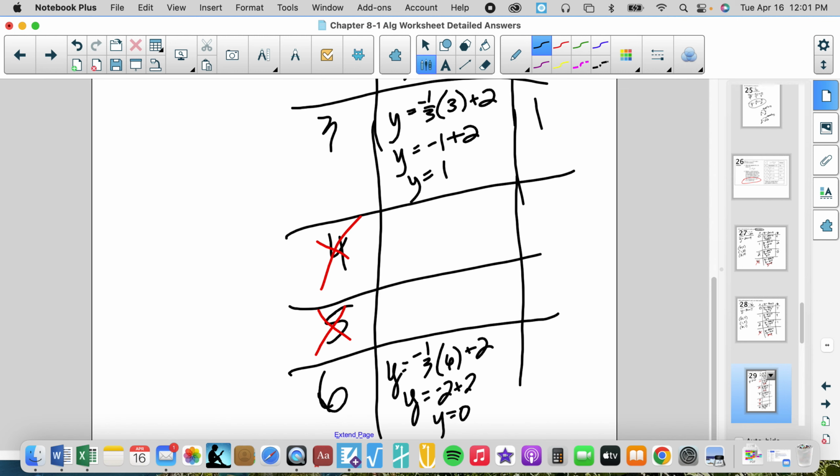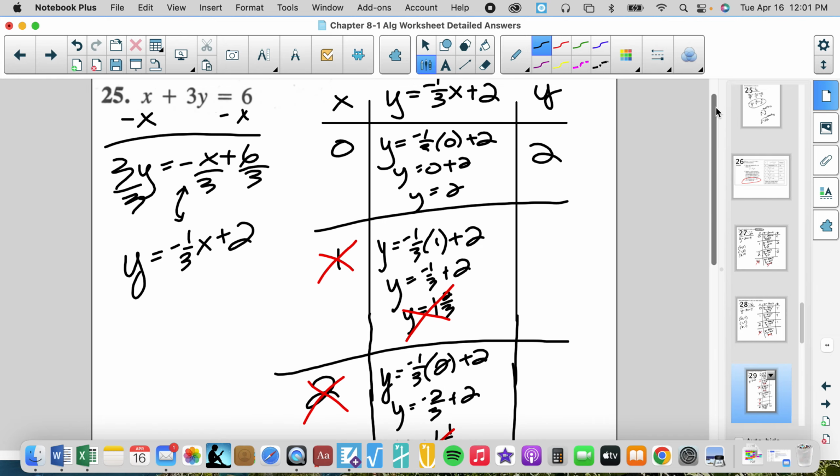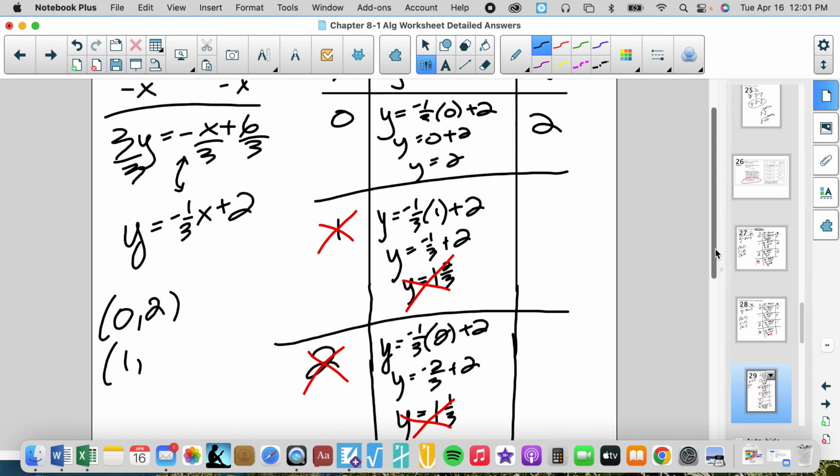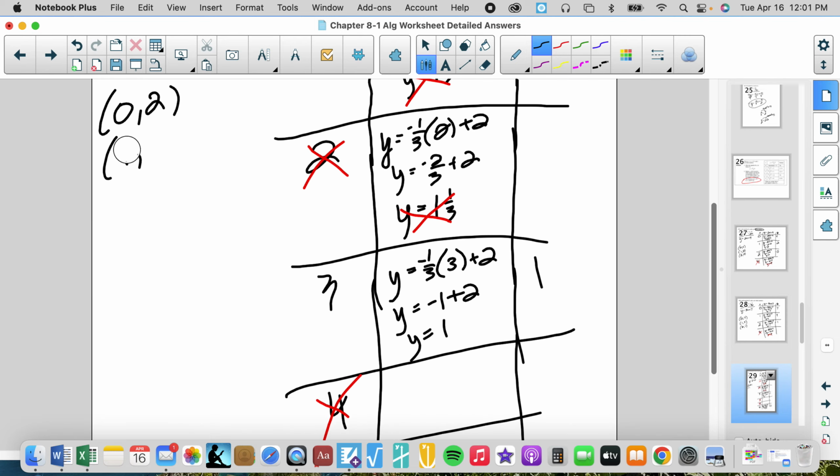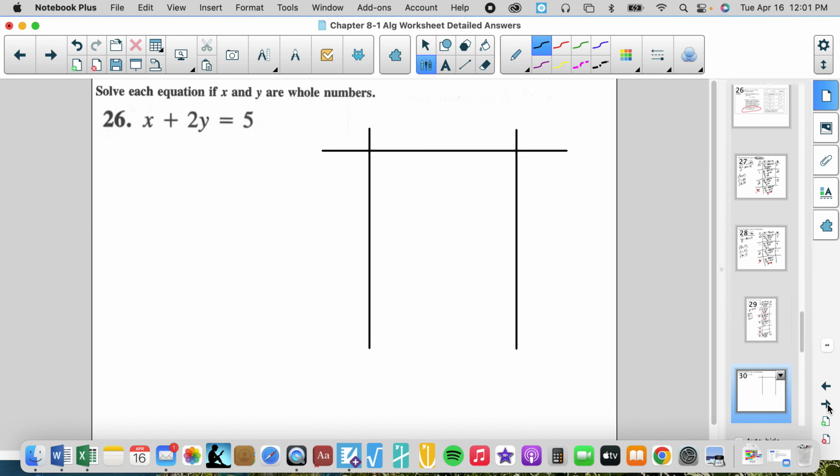Y equals 0. 0 is a viable answer. So that worked. So we again get 3 answers. We get (0, 2), that's a good 2. We get (3, 1), and (6, 0). Those are our solutions.